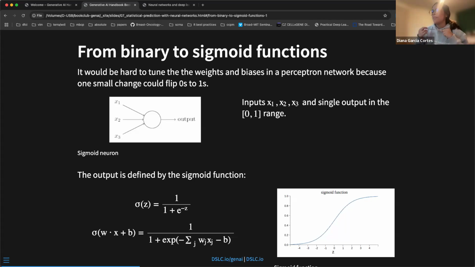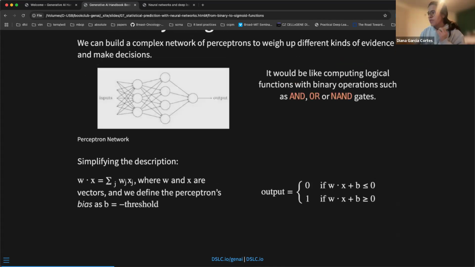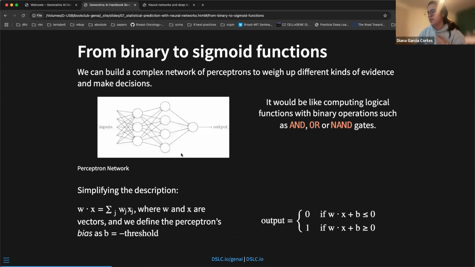And one of the other caveats is that once we train a perceptron network, one small change in one of the weights or the bias could flip the output from 0 to 1. And we don't want that.